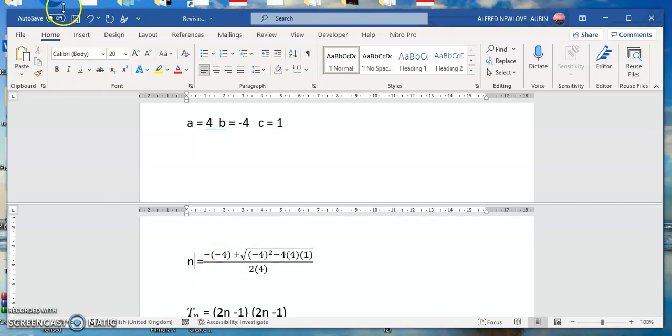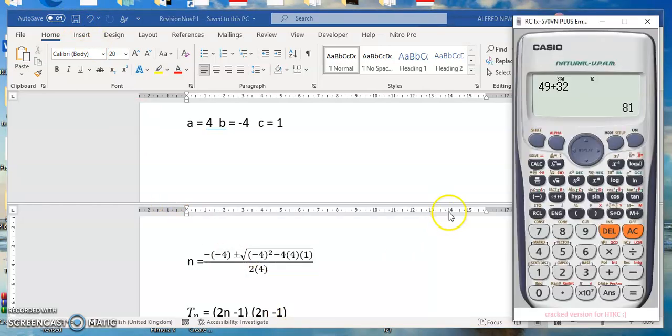Now I'm going to press this one on the calculator. Let's do that. So to press this, I have that one. I don't want this. I want this one. Yeah. So I have my minus into bracket, minus 4, close the bracket.